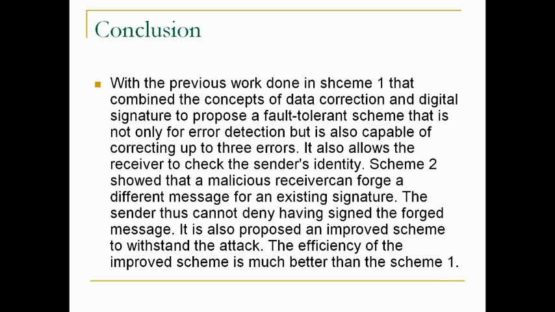Scheme 2 shows that a malicious receiver can forge a different message for an existing signature. The sender thus cannot deny having signed the forged message. It also proposed an improved scheme to withstand the attack. The efficiency of the improved scheme is much better than scheme 1.